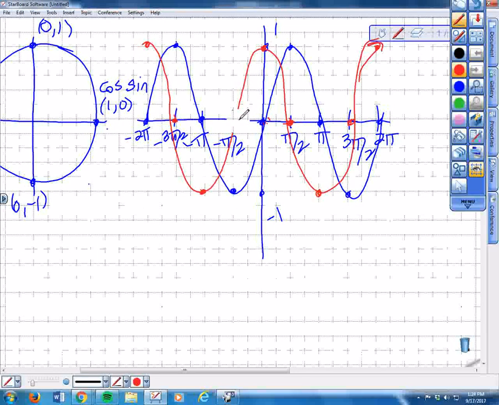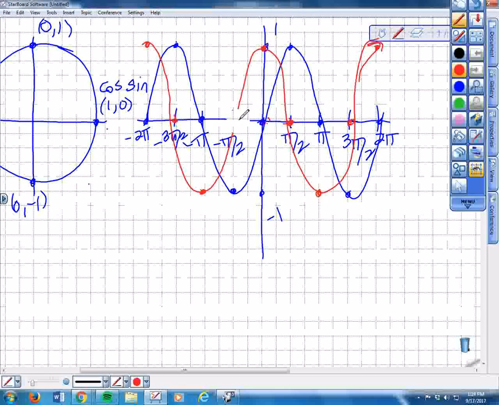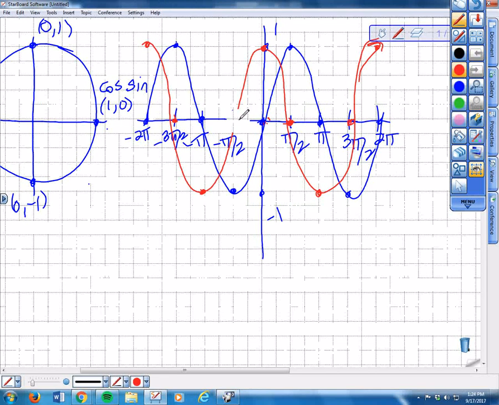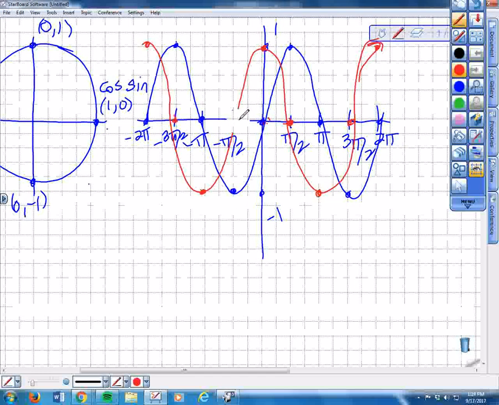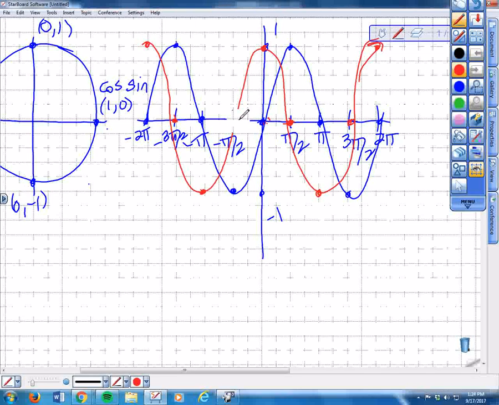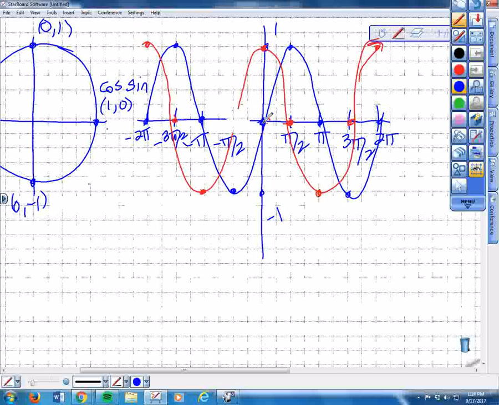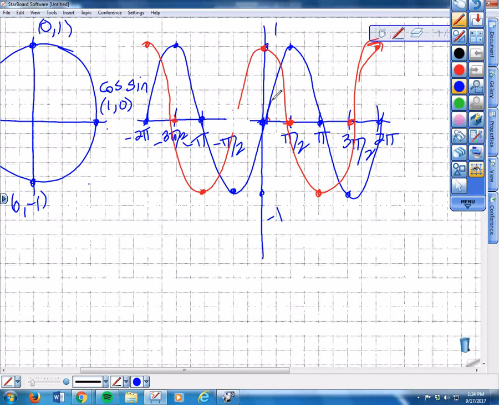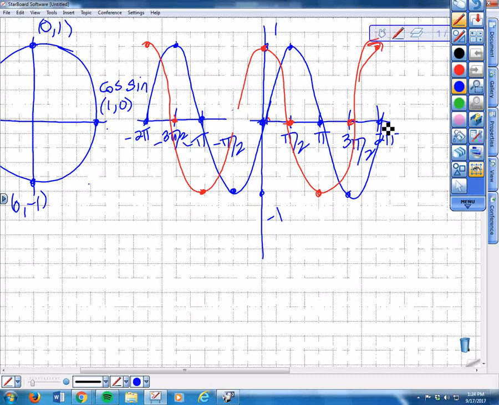Okay, so talking about the period of these graphs: the period of a function means how long, or how many radians, it goes through before it repeats itself. So look at the sine, the blue function. If I pick a point to start right here, how long before it's back to this point with the line starting to go up again? 2 pi, because at this point it's heading up again.